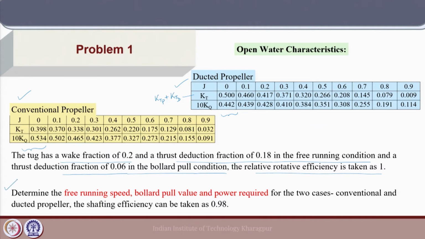So, finally, here we have to determine the free running speed, bollard pull value and power required for the two cases. Once using the conventional propeller and for the second case using the ducted propeller. Okay. The shafting efficiency is given here.